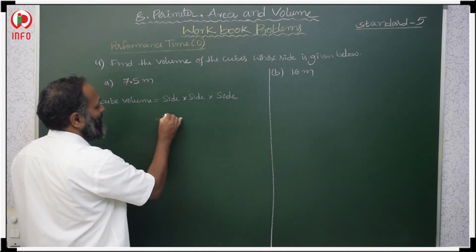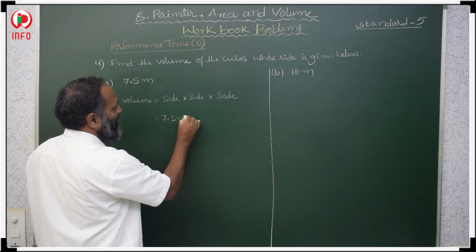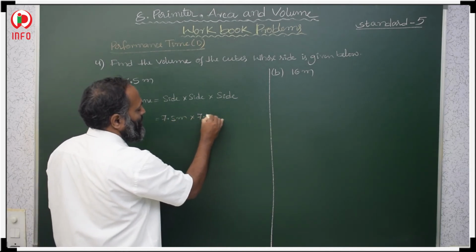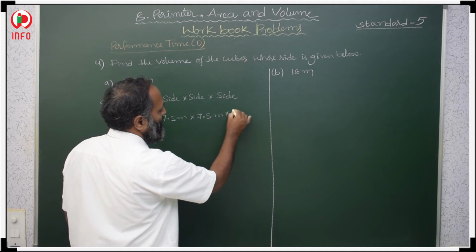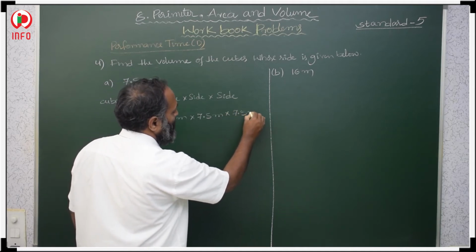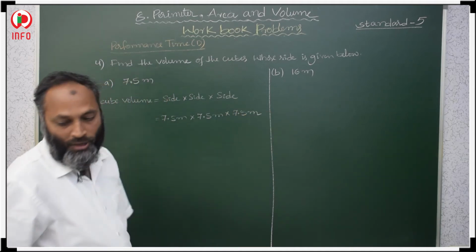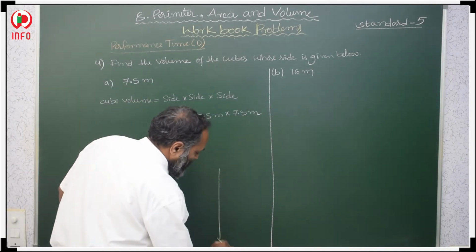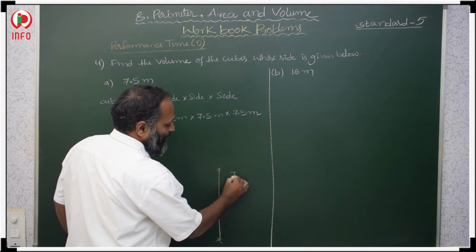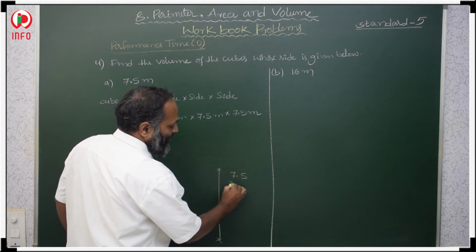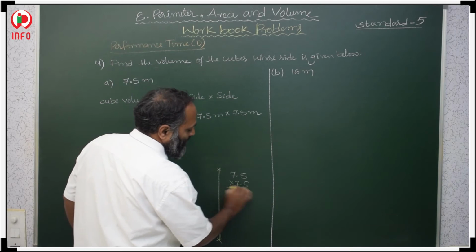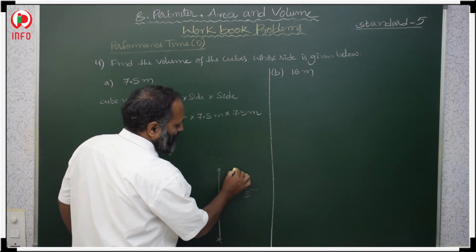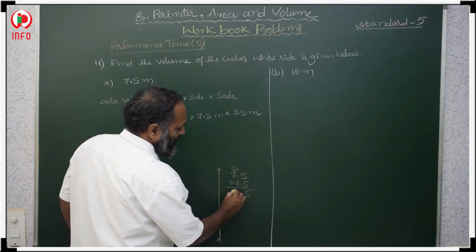Side means 7.5 meters into 7.5 meters into 7.5 meters. 3 times we have to multiply. First multiply 7.5 into 7.5. 5 5s are 25, 2. 5 7s are 35, 36, 37.